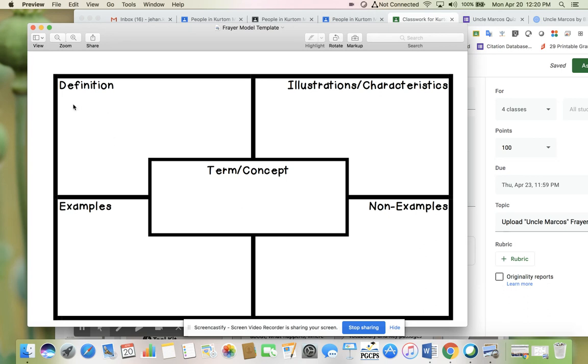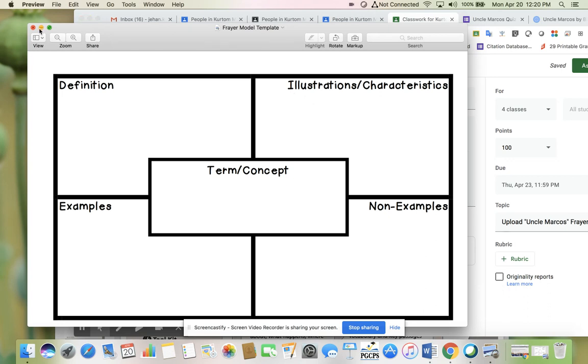Up in the top left corner, everybody has to write the definition of the word that they have chosen. Okay? The other 3 boxes, you may choose what you want to put in there. However, you need to label the boxes for me, because if you choose to put antonyms up in this top right box and I don't know that that's what it is, don't make me guess.